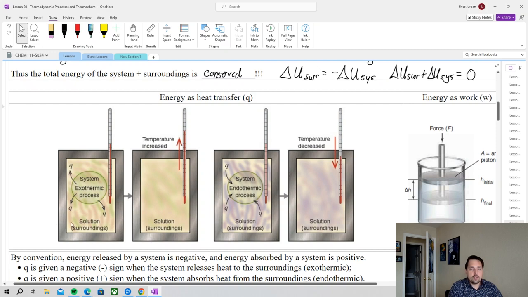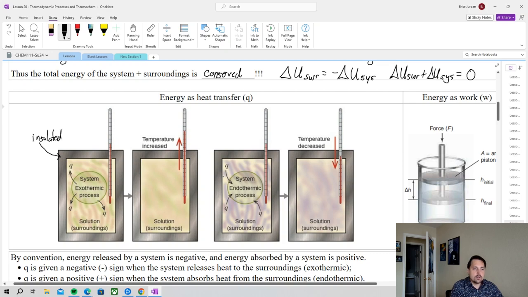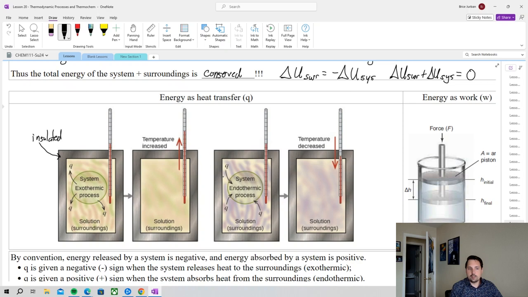So we have heat transfer and work transfer that are looked at separately here. If we look at something known as a calorimeter, which we'll talk about more in the next lesson, we have this jacketed vessel, so it's insulated, where inside of this container we have the system, which could be some chemical process that's occurring, and the surroundings, which would, in this case, be something like water.